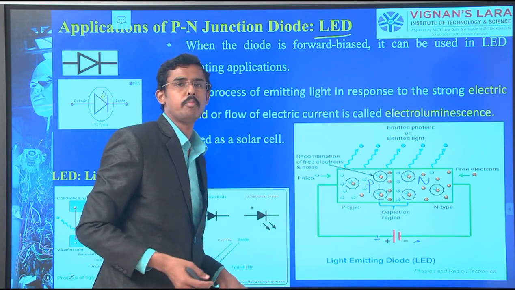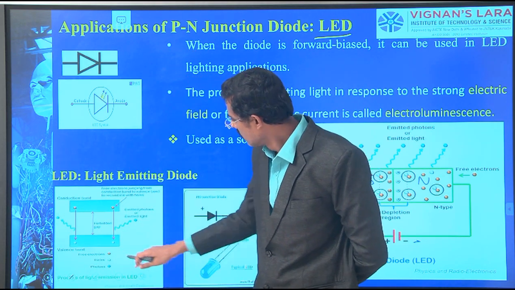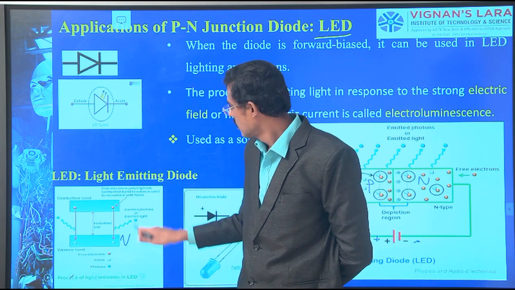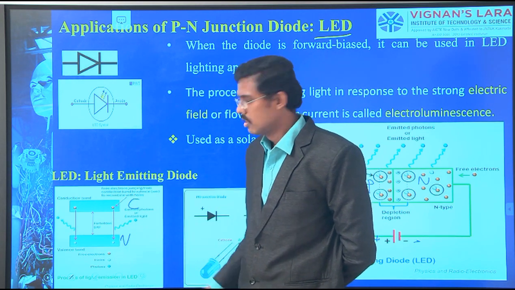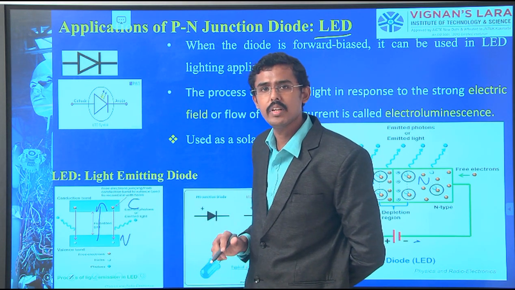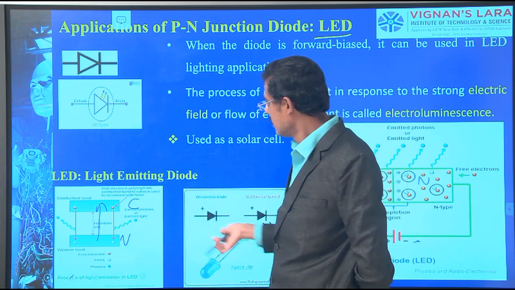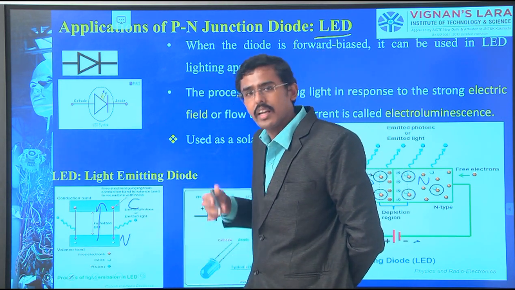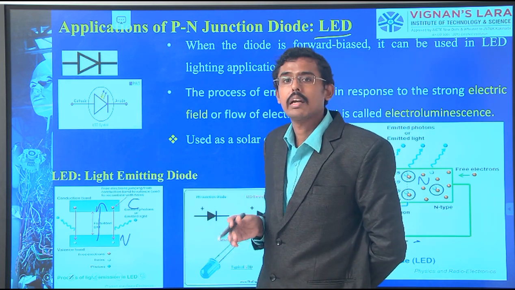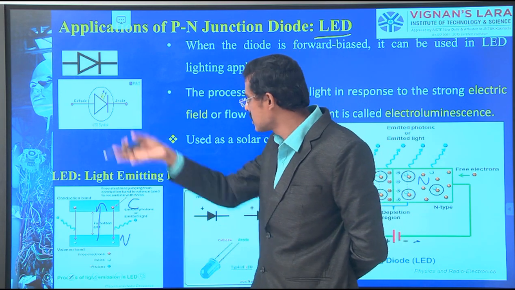When this flow happens, please see the conduction band here. This is the valence band, and this is the conduction band. Electrons flow from the valence band to the conduction band, and this flow continues and the circuit is complete. The free electrons jump to the conduction band, and at the same time it emits photons.